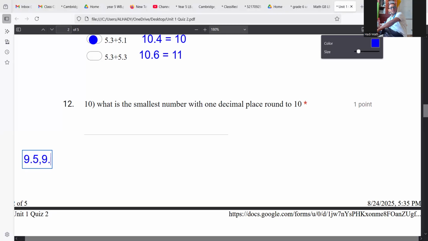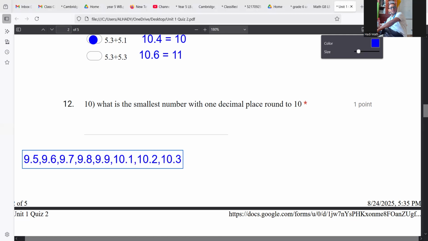You've got 9.5, 9.6, 9.7, 9.8, 9.9, 10.1, 10.2, 10.3, 10.4, and 10.5 rounds to 11. So what is the smallest number that rounds to 10? It is 9.5. That's it.